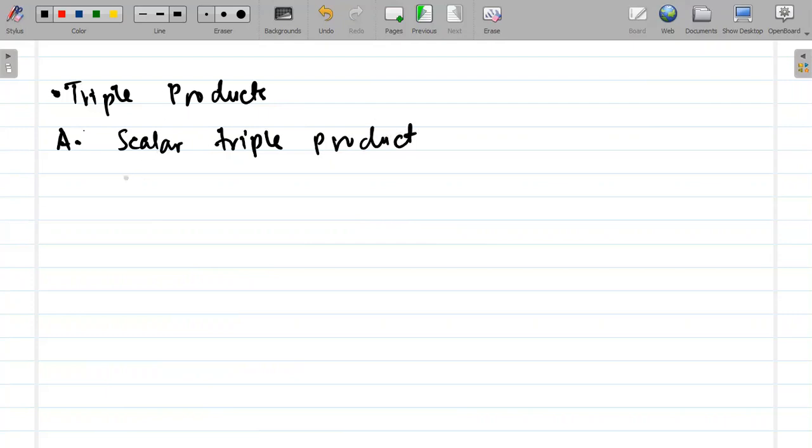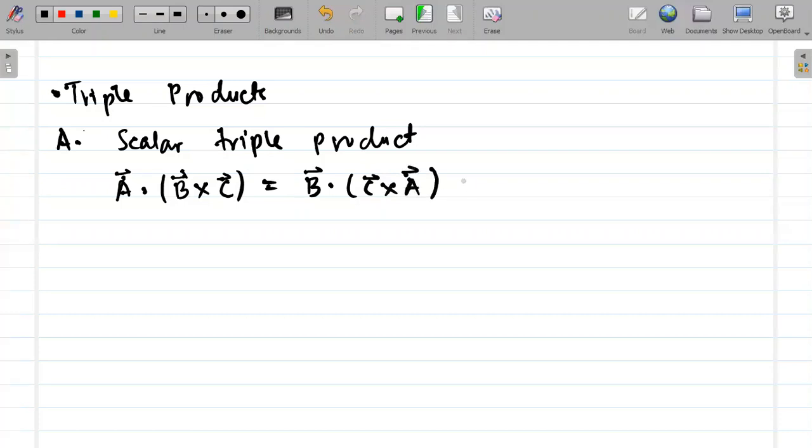So, ang ibig sabihin nito, class, let's say we have vectors A, B, and C. Now, ang sinasabi nito, A dotted with B cross C, that is equal to B dotted with C cross A. This is also equal to C dotted with A cross B. So, class, parang nagpe-permutation lang kayo.